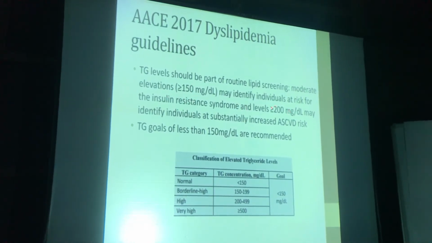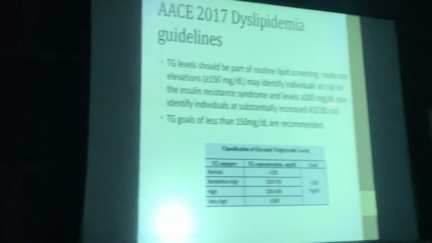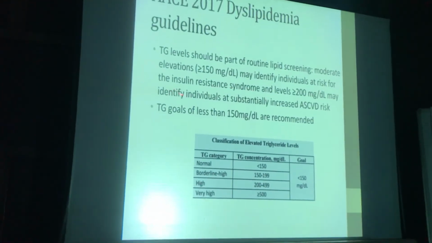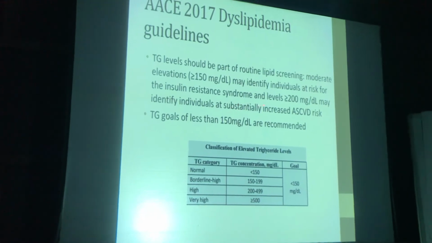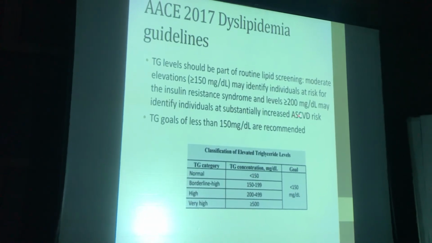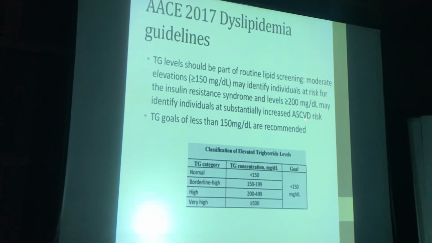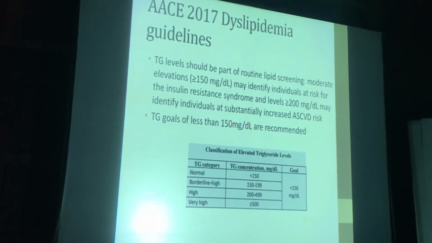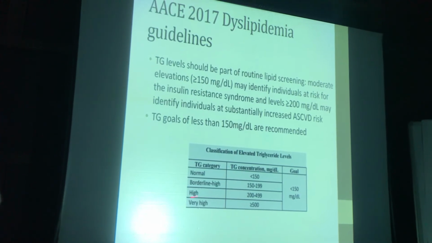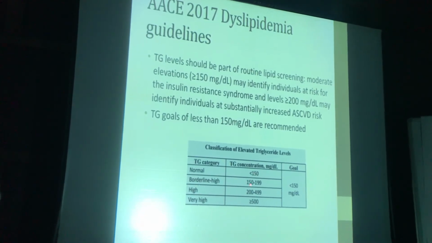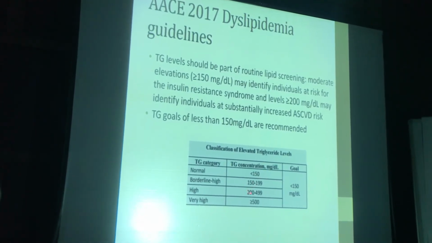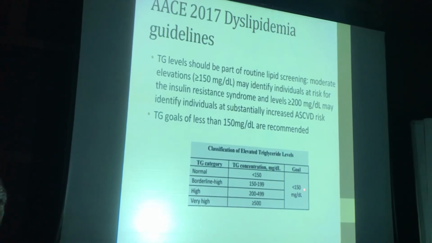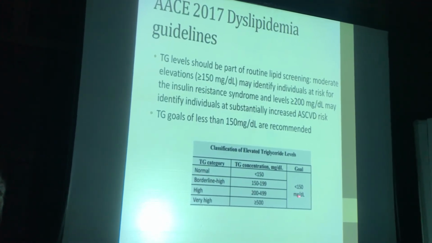And if the levels are more than 200 milligrams per deciliter, they may identify individuals with a substantially increased risk of atherosclerotic cardiovascular disease. The triglyceride goal recommended is less than 150 milligrams. So normal is 150, borderline 200, high 200 to 500, but here the goal for treatment would be less than 150 milligrams.